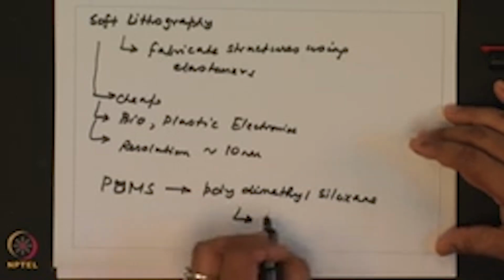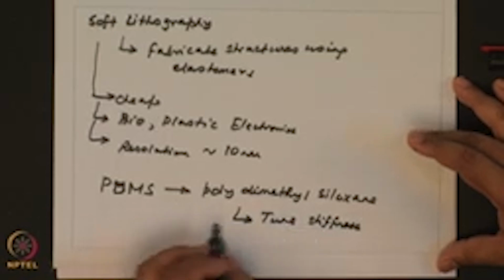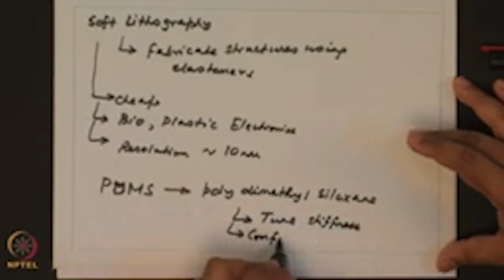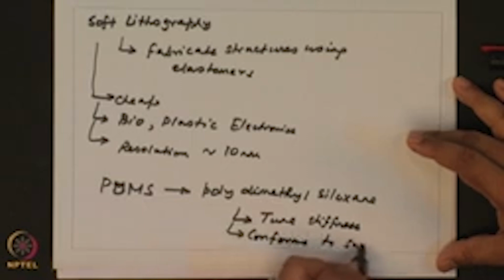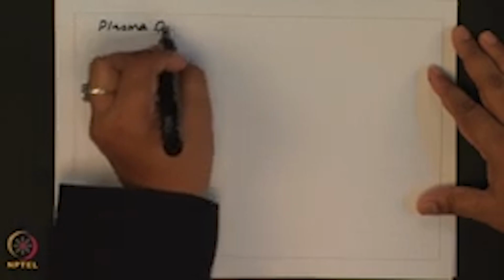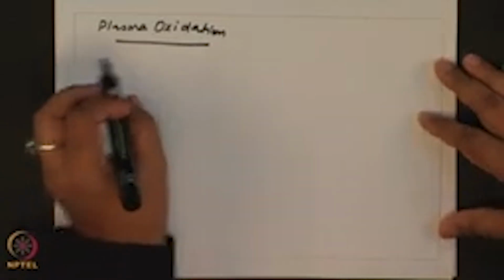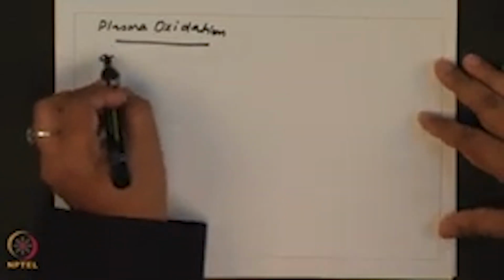So, once again, the advantage is you can tune the stiffness, and it conforms to surfaces over large areas. After you make something from PDMS, you can functionalize it using plasma oxidization, where you expose it to oxygen plasma.